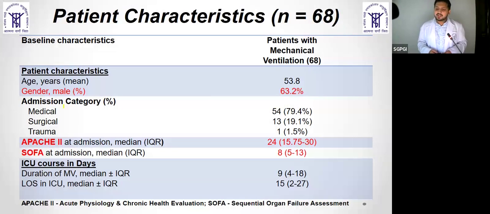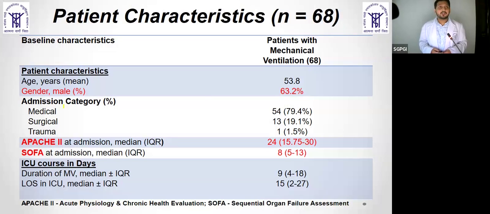Coming to the baseline characteristics of patients enrolled in the study, summarized in the table, the mean age of the study participants on mechanical ventilation was 53.8 years, out of which 63% were males. Out of the 68 patients who required mechanical ventilation, 54 were admitted due to medical causes.